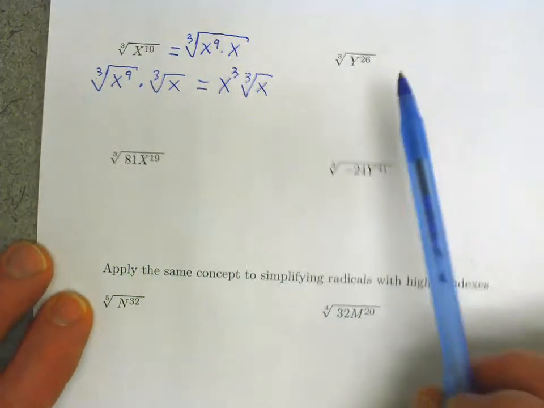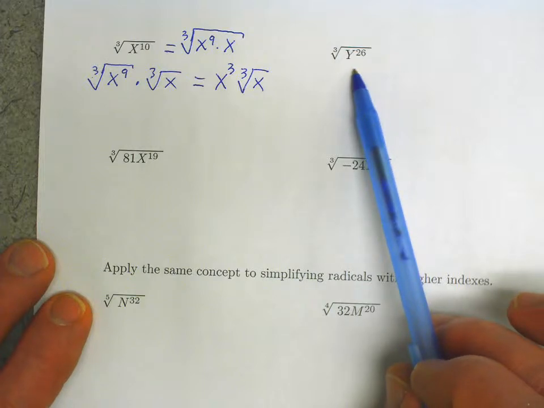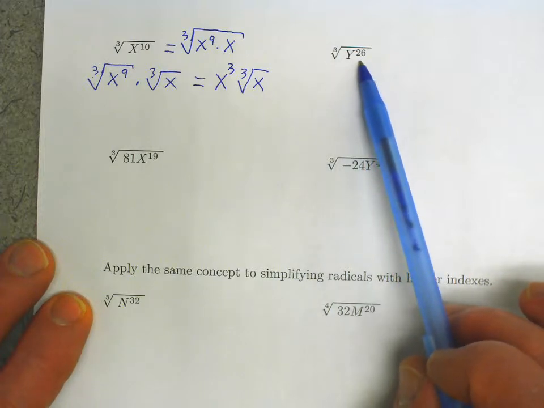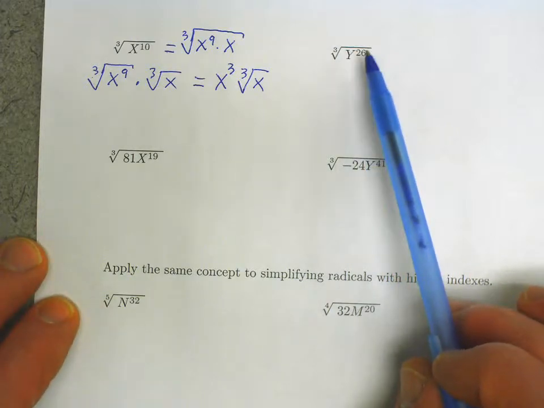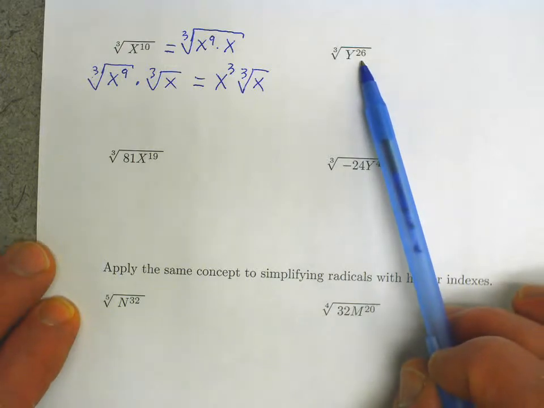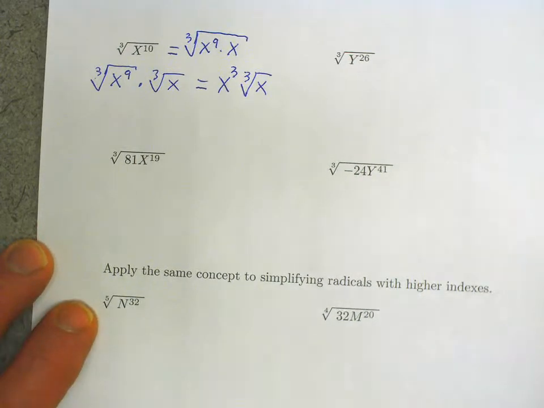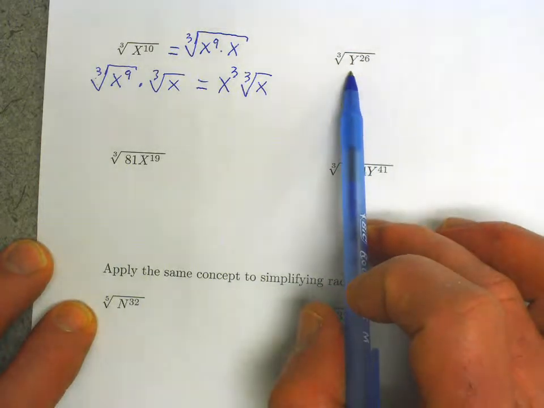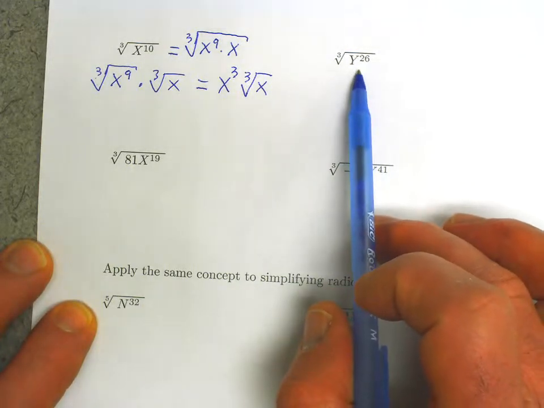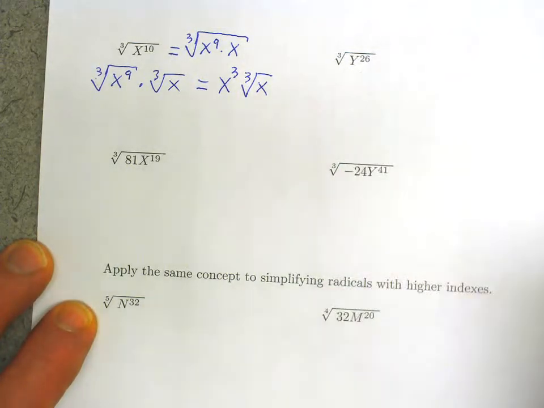Okay, similar type of reasoning for this one. The cubed root of y to the 26th. 26 is not a multiple of 3, so y to the 26th is not a perfect cube. The largest factor of y to the 26th that is a perfect cube is y to the 24th.